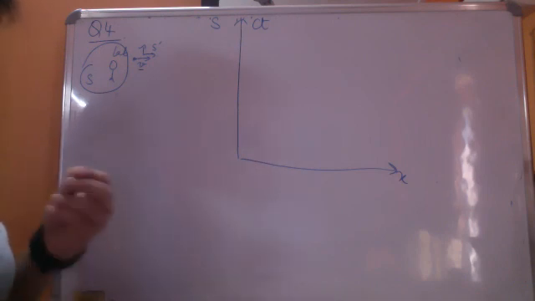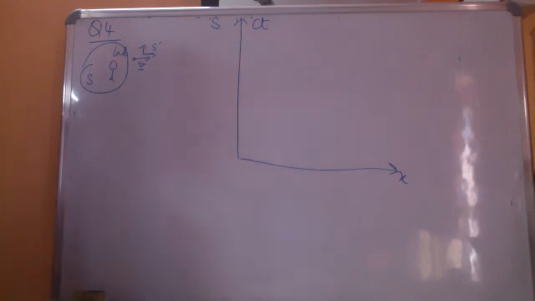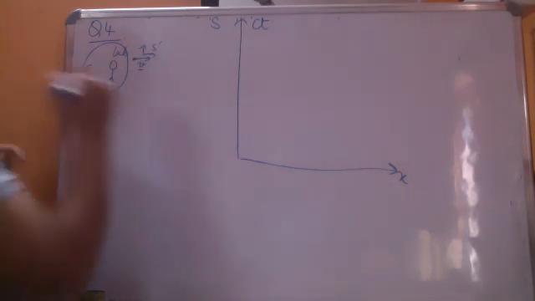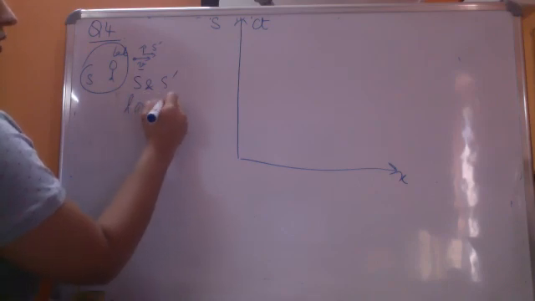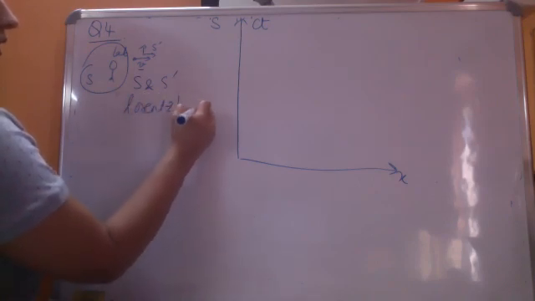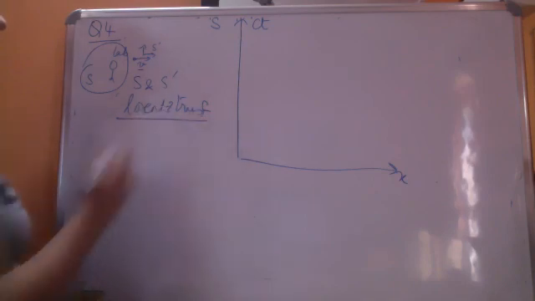You can also think of this as a graphical representation of Lorentz transformations. If there are two coordinate systems, S and S prime, which are related to each other by Lorentz transformation, how would they look?